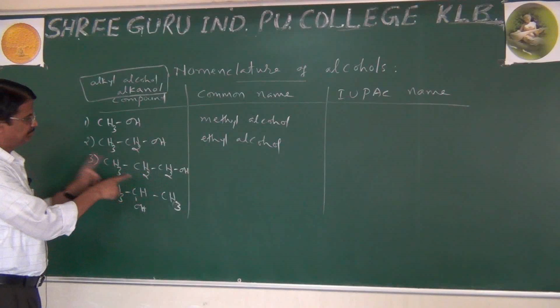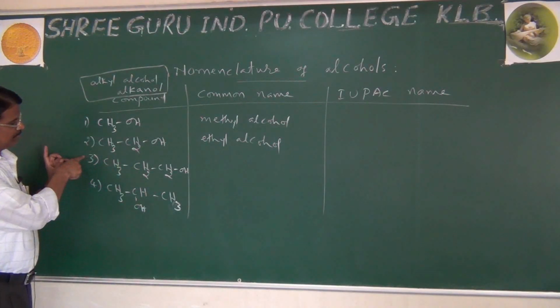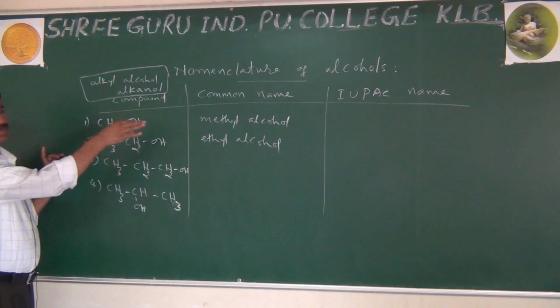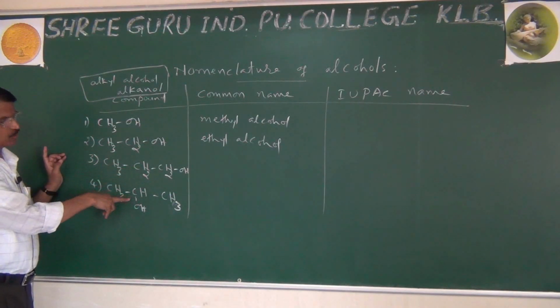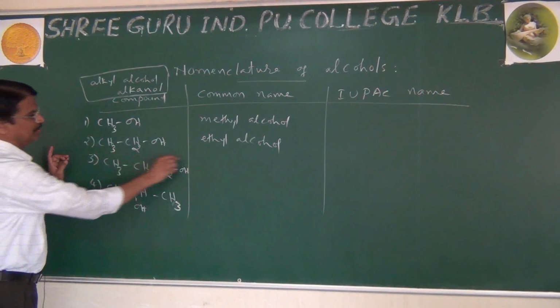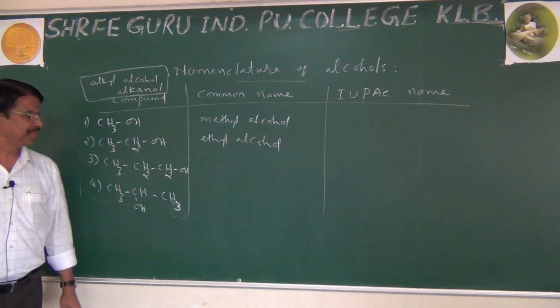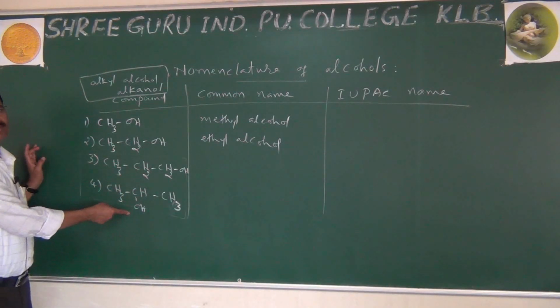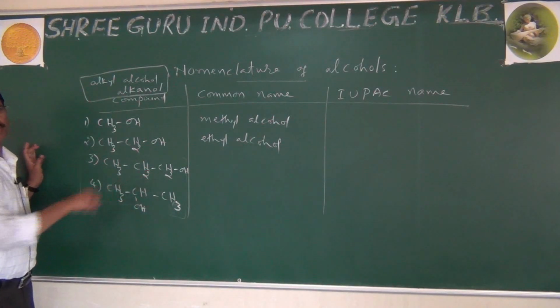Next, 3 carbons. See here, 1, 2, 3 carbons. From carbon 3 onwards in the alcohol series, n-propyl alcohol, isopropyl alcohol. These 2 compounds exhibit isomerism because they have the same molecular formula and differ by the position of the OH group.